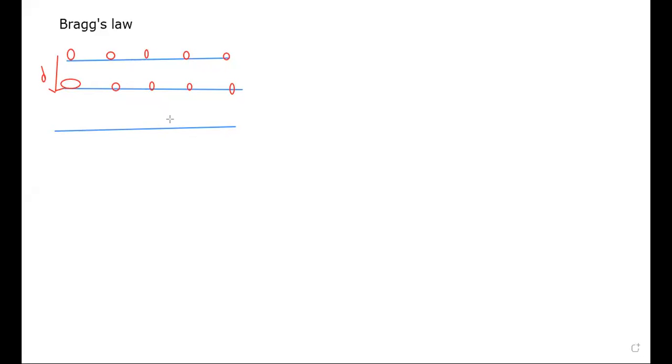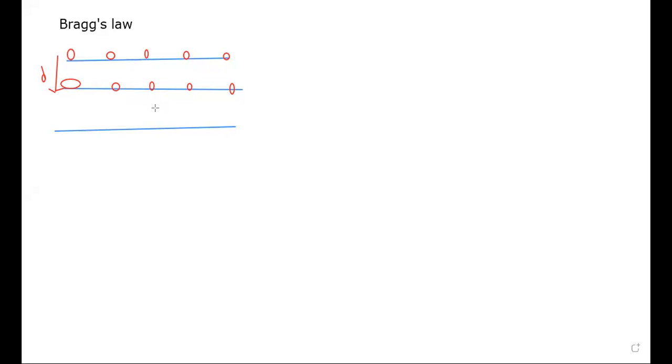As you know, we are discussing the solid crystals only, so almost all the crystalline structures are available in the solid state.